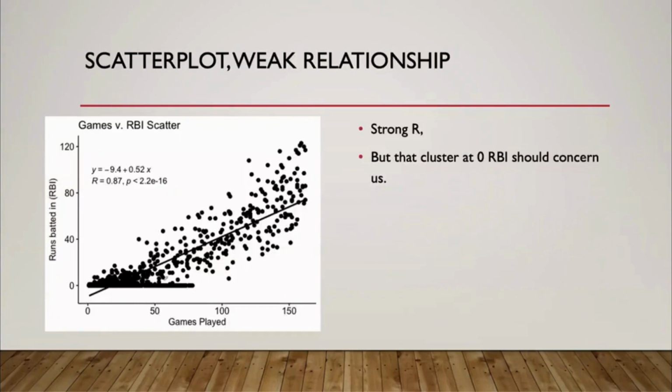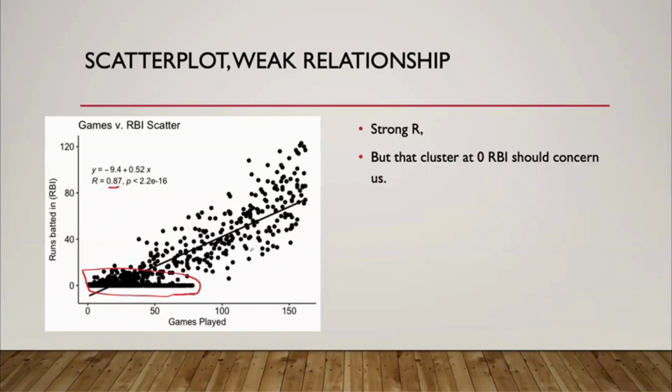Now, we can also plot them using a scatter plot. And here's an example of a pretty strong correlation, but this cluster at 0 should be concerning.